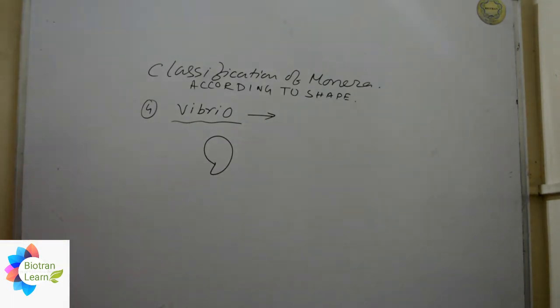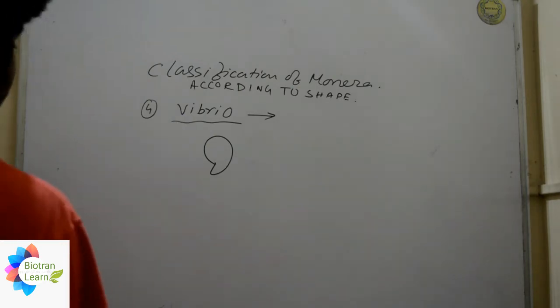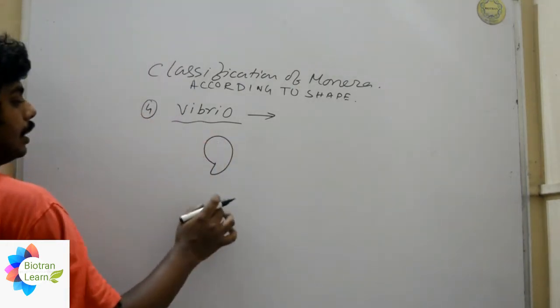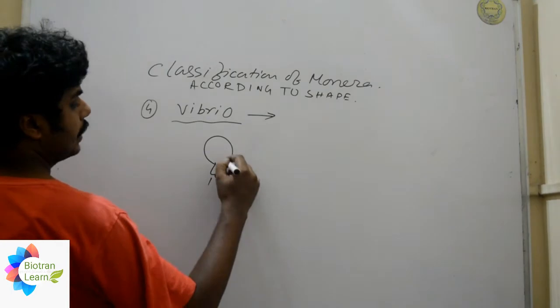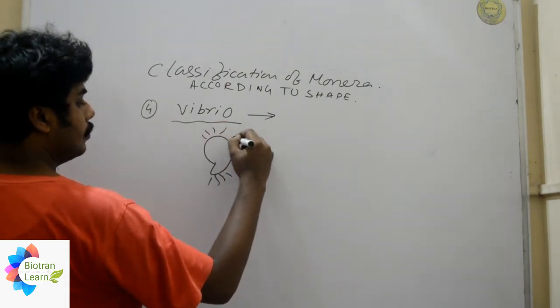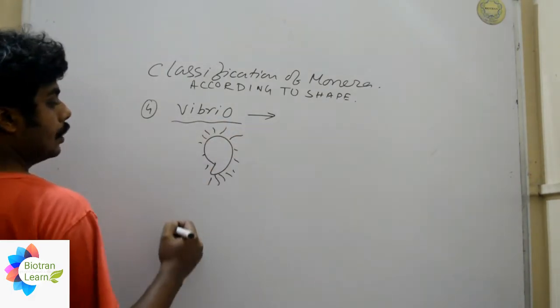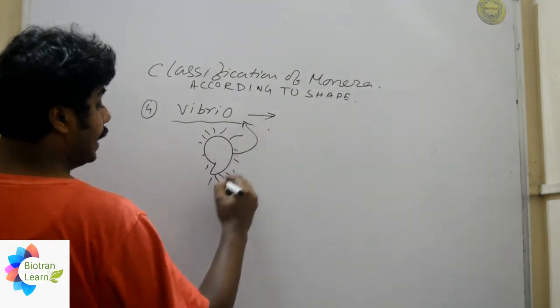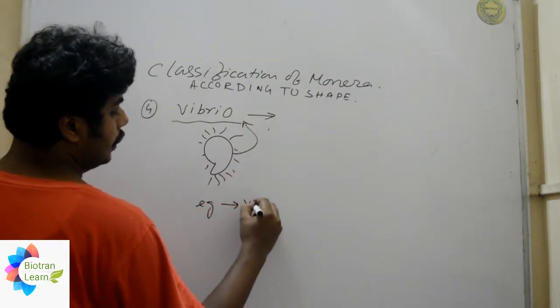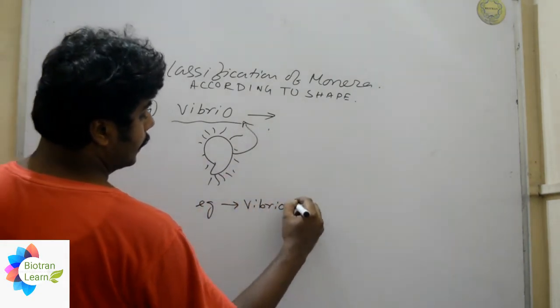The bacteria will be looking like a comma, or it will be of a comma shape, right? In these cases of bacteria, they will have a comma shape, and sometimes they can have certain flagellum or cilium outside them. So this is known as Vibrio. Examples include Vibrio cholerae.